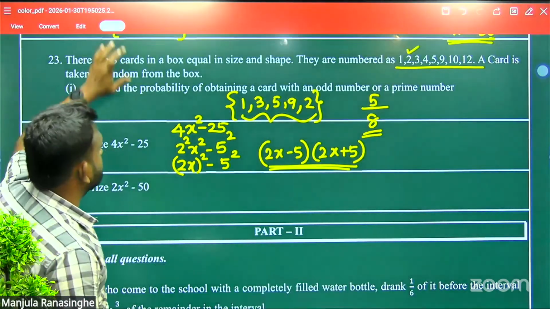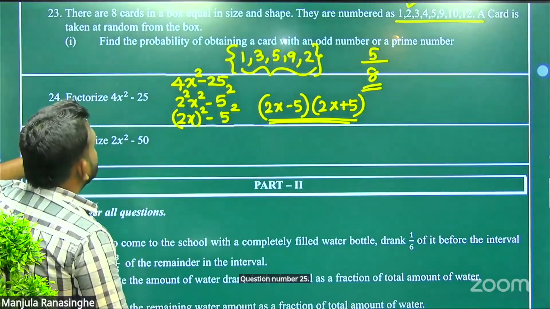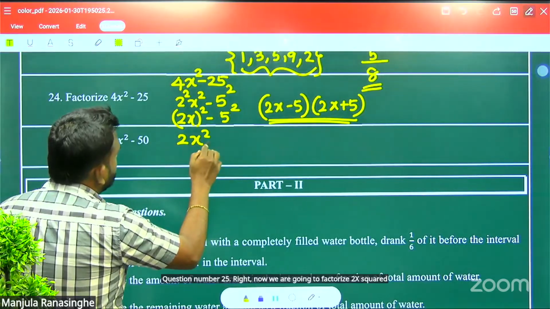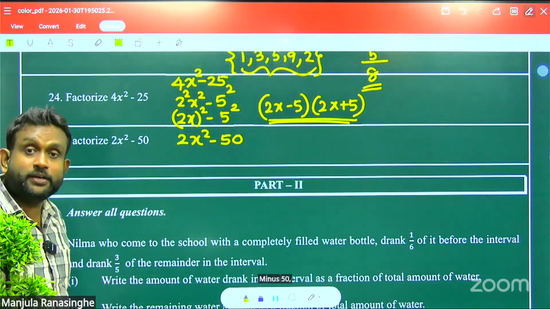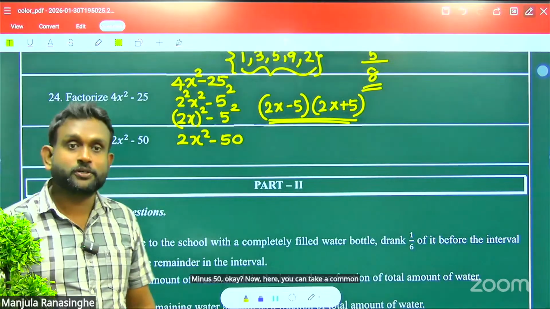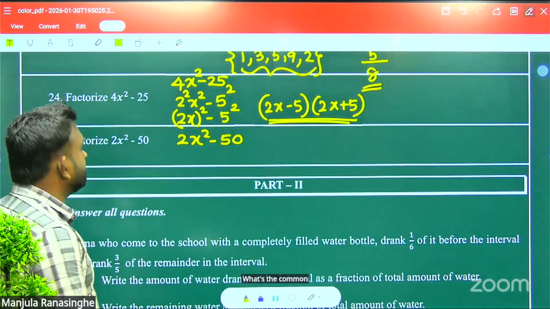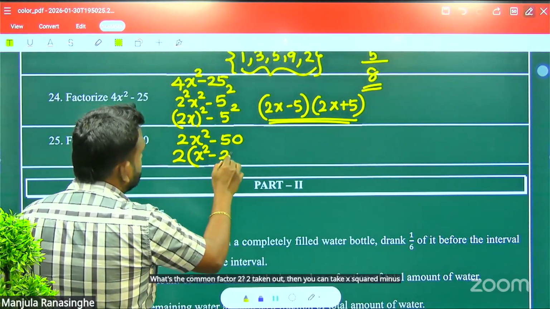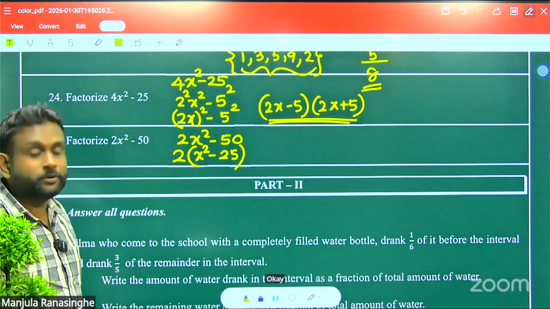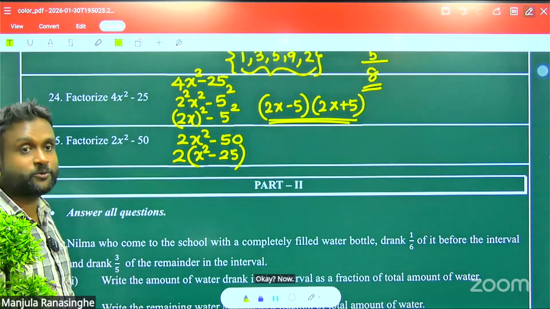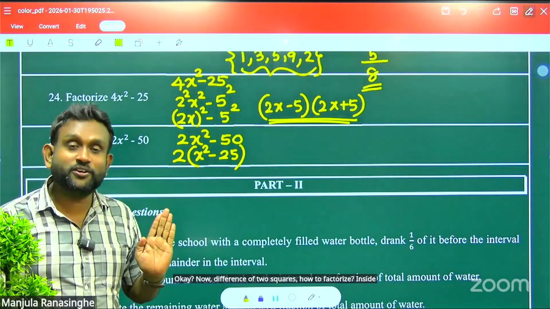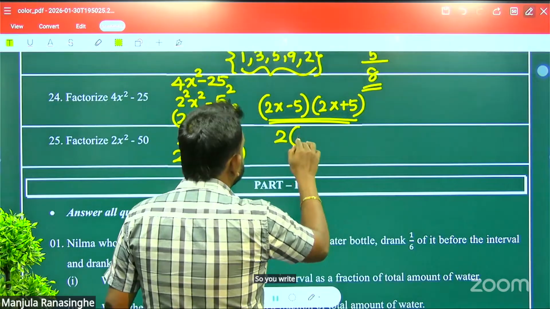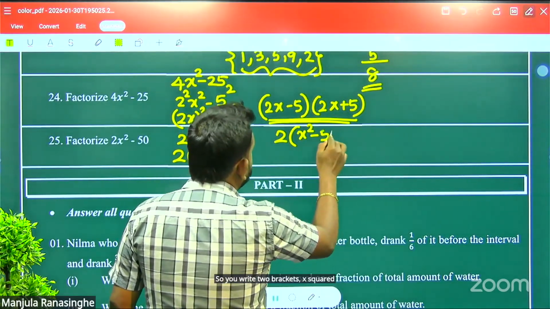Question number 25. Now we are going to factorize 2x squared minus 50. Here you can take a common factor 2. What's the common factor? 2. 2 taken out, then x squared minus 25. Now the difference of two squares, how to factorize? Inside the bracket, don't stop here because this is also factorizable. x squared minus 25 is 5 squared.